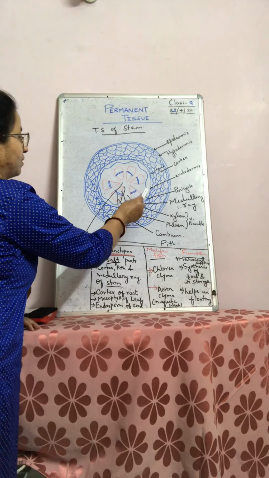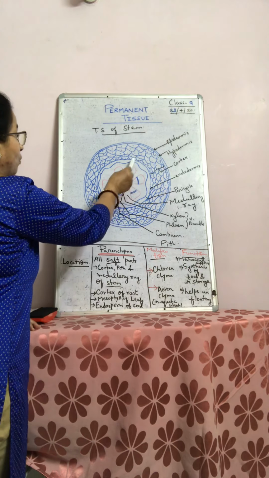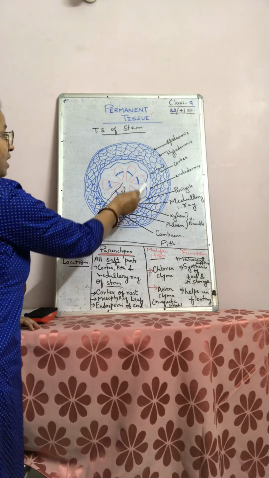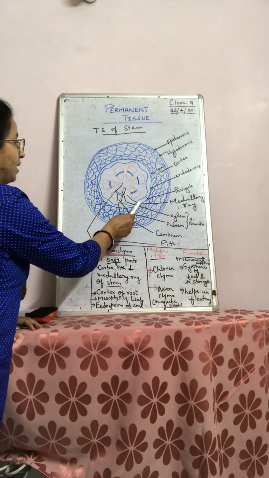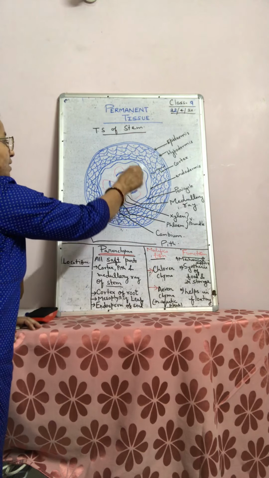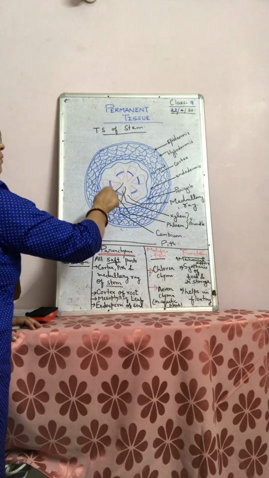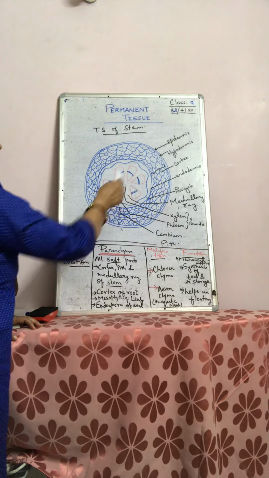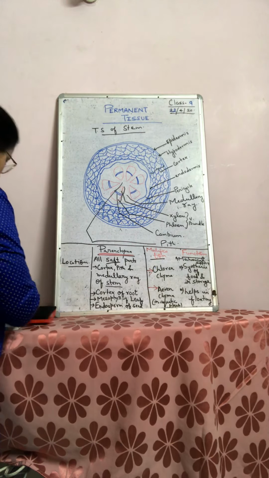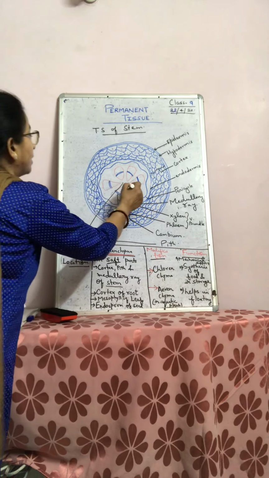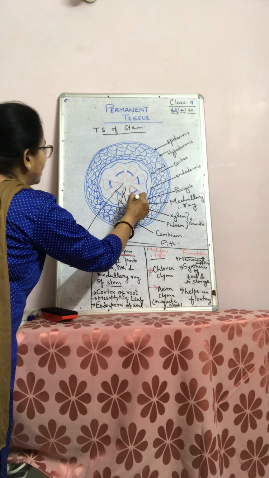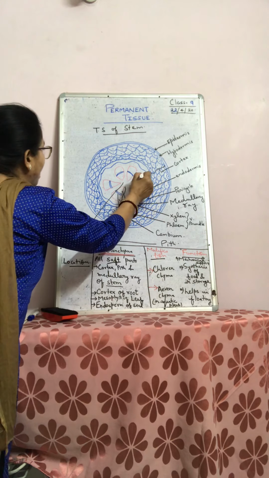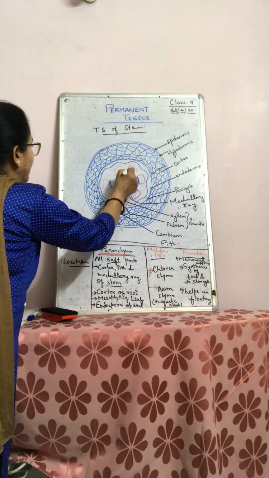Just beneath the endodermis you will find a wave-like structure, called the pericycle. In the central portion of this slide you will find various radially arranged structures. Actually, these radially arranged structures are vascular bundles.